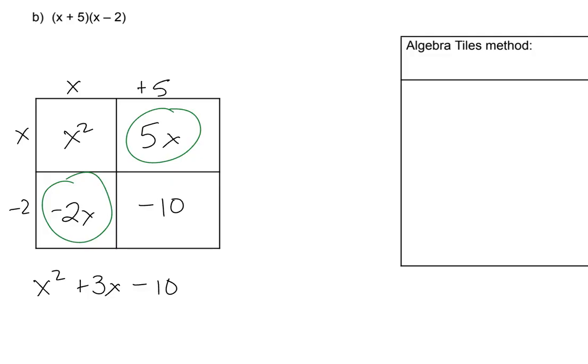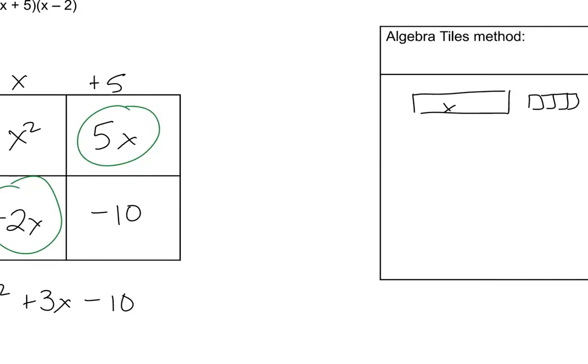So this is the same thing as before. We're going to have our x here, and then I have 1, 2, 3, 4, 5.